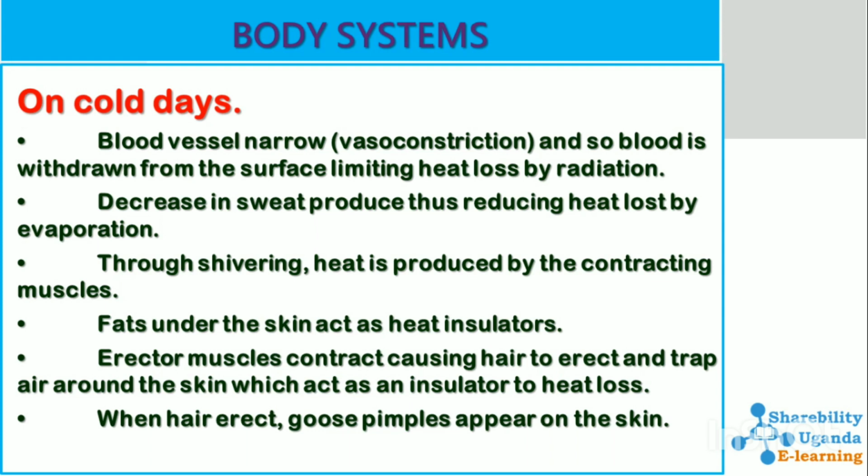Fats under the skin act as heat insulators, so they reduce heat loss. Erector muscles contract, causing hair to erect and trap air around the skin, which acts as an insulator against heat loss. Then when hair erects, goose pimples appear on the skin, which also helps to maintain heat in the body.